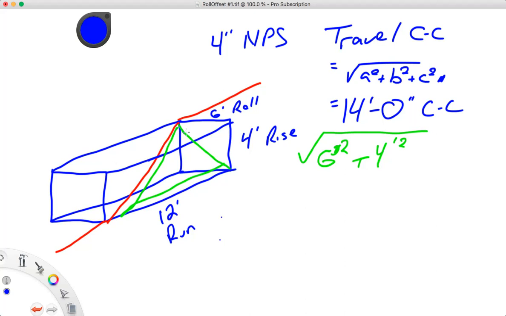So we know now that this dimension right here is 7 foot 2 and 9/16.